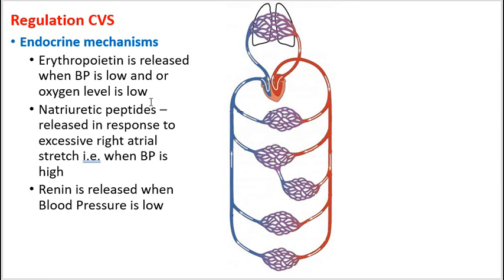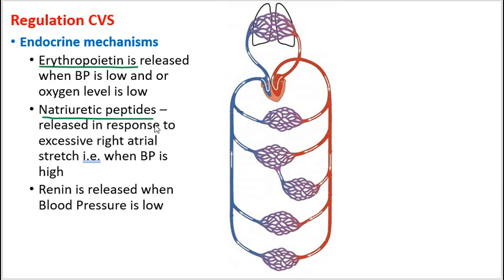The other way of regulating is by the endocrine system. For example, when there's low blood pressure and less oxygen, erythropoietin is produced. Erythropoietin is basically increasing the number of red blood cells and consequently compensating for that lack of oxygen.